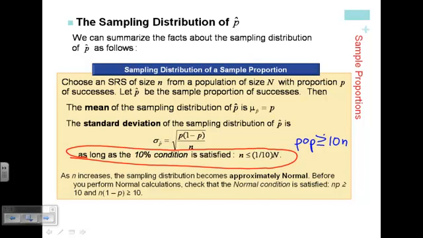Lastly, if n is large enough, the distribution of p hats is approximately normal. Because we talked about the center, we talked about the spread, let's talk about the shape. If n is large enough, the distribution of p hats is approximately normal, and that's really good because we got these great normal tools.